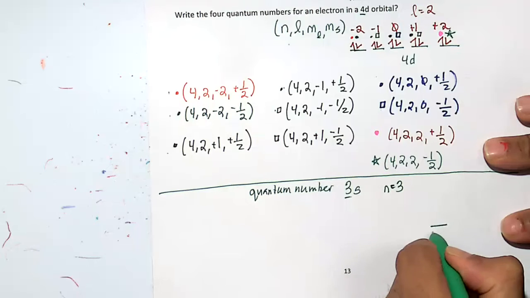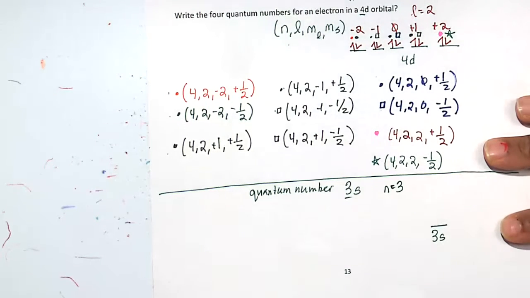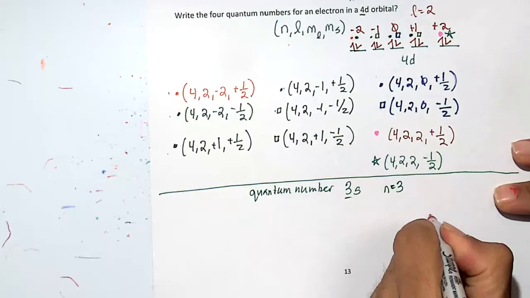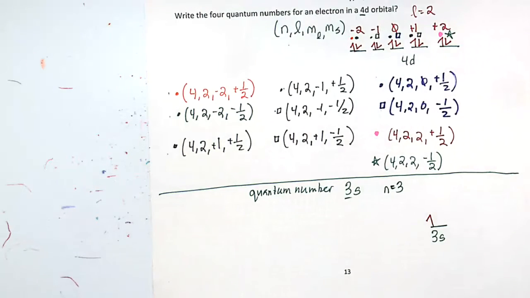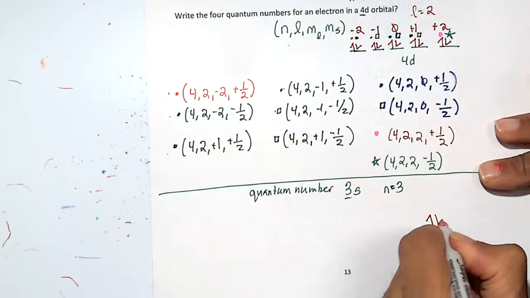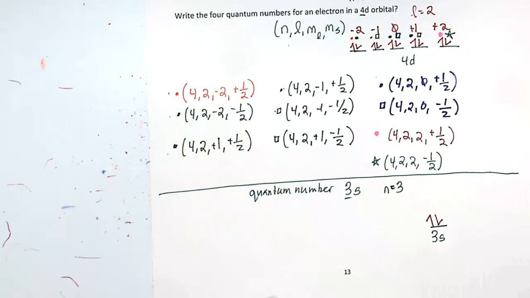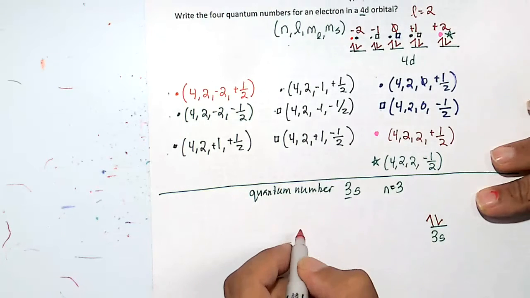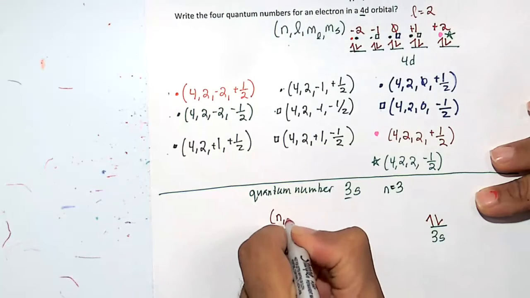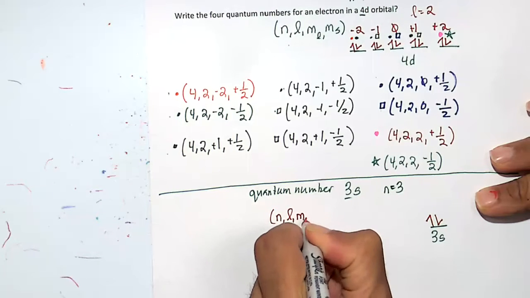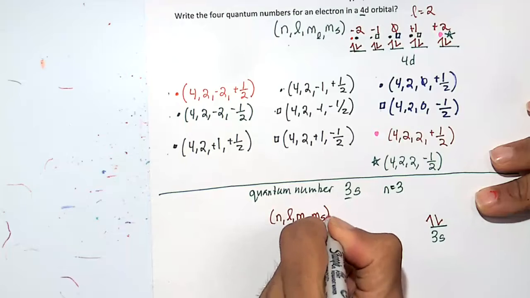So what does 3s look like? Okay, here's how the electrons go. They're going to go spin up, and then what? Okay, spin down. There's only one slot. All right, so what is, again, n, l, m of l, and then m of s?